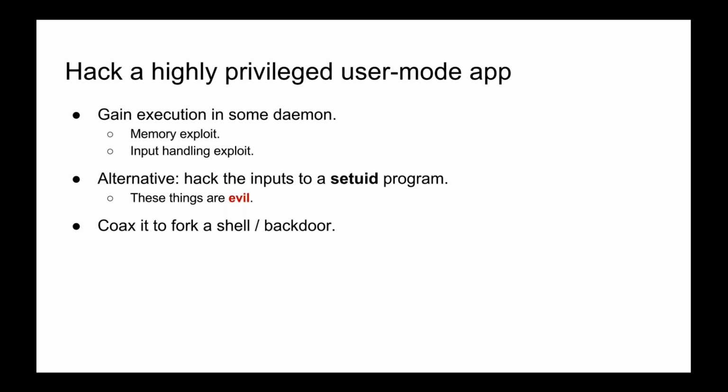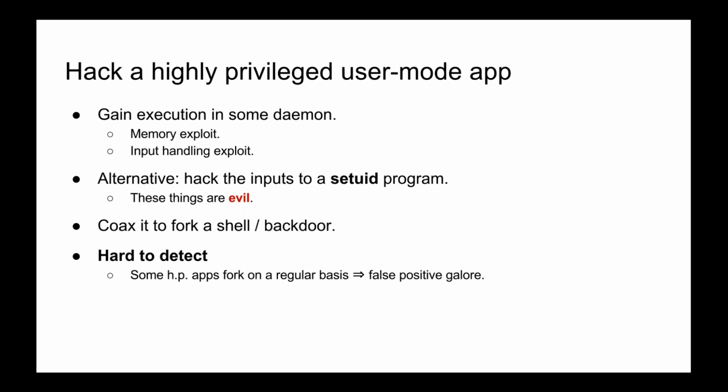So what you do when you are hacking a privileged user mode application, essentially, is coax it into forking a shell or a backdoor for you, right? And this is hard to detect, surprisingly. Why? It's not so much that it is difficult to detect whenever a certain program forks a child process that suddenly has a higher level of privileges.